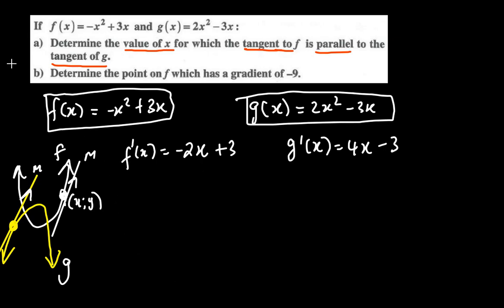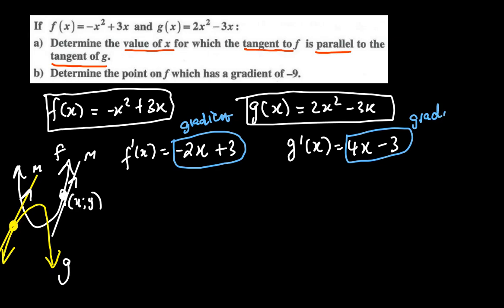So remember, this one here gives us the gradient of a tangent to g, and this one here gives us the gradient of a tangent to f.